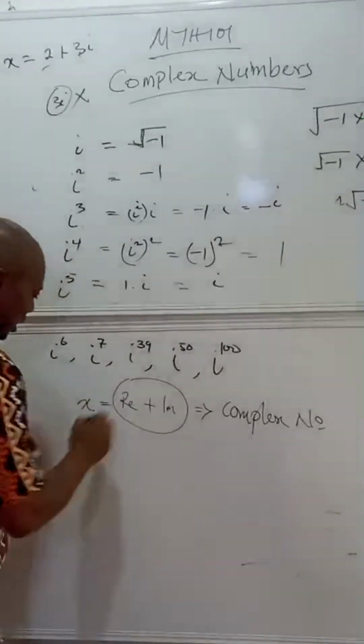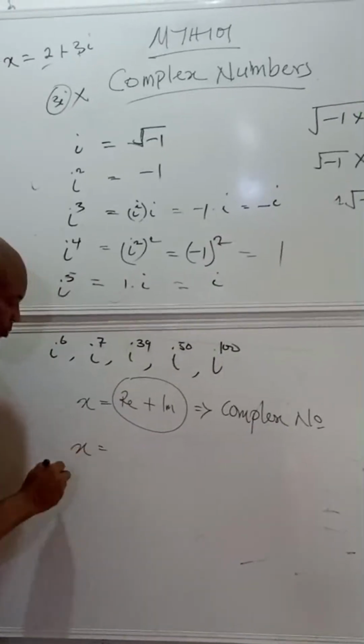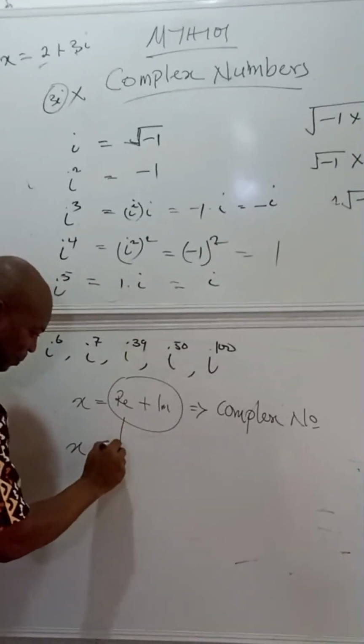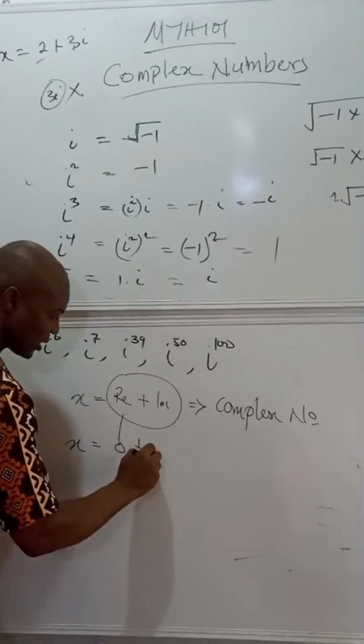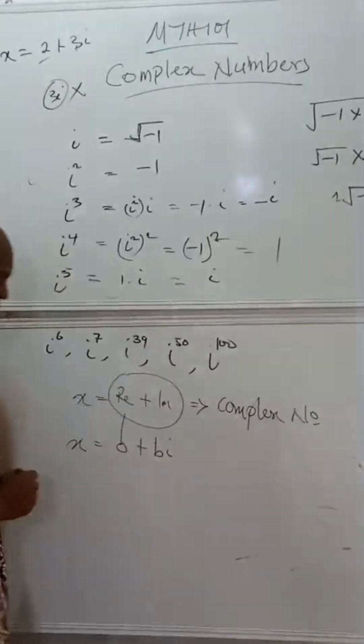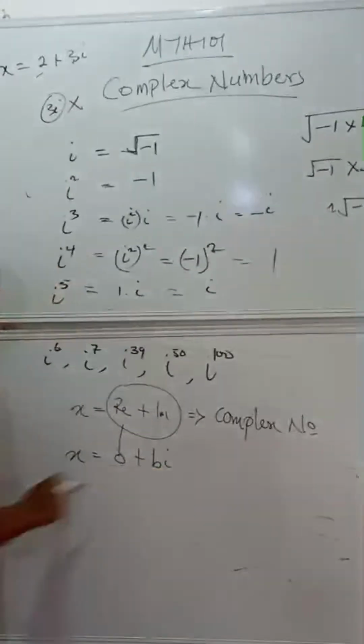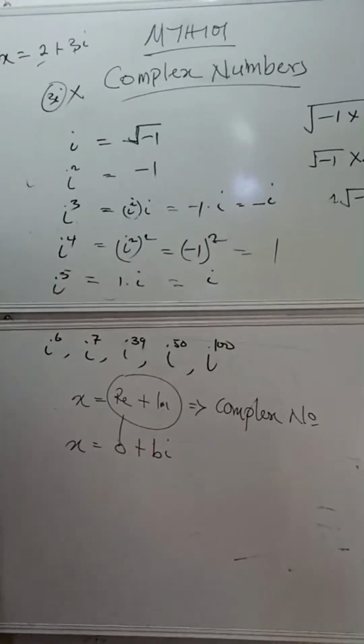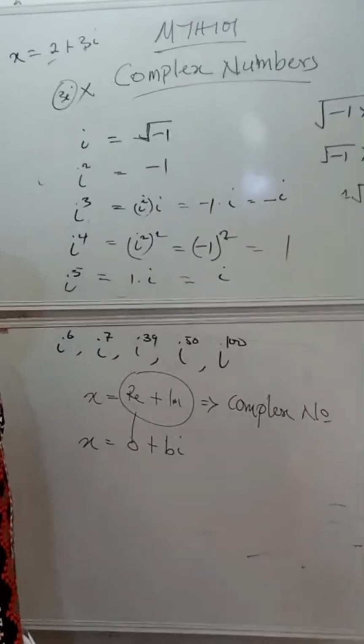Now, a complex number where the real part is 0 and you just have the imaginary part, say bi, is also possible to call a complex number.